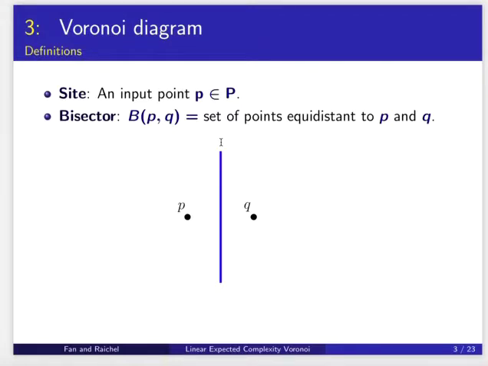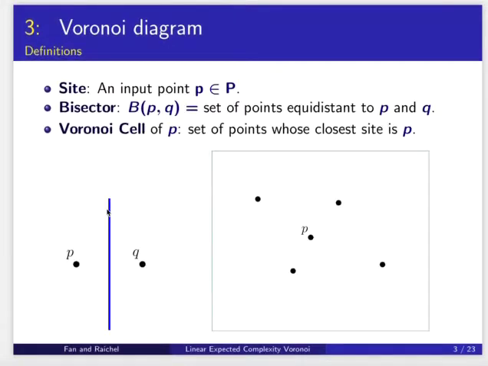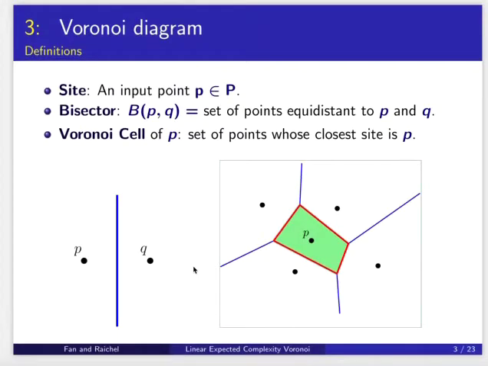Every point on this blue line is equidistant to P and Q. Also, for a set P, the Voronoi set of P is the set of points for which the closest set is P. Like in this figure, for every point in this green area, the closest set is P. So the green area is a Voronoi cell of set P.